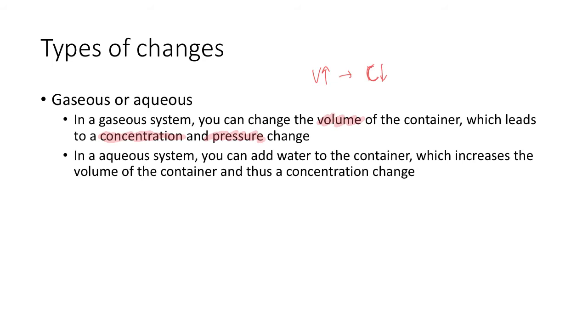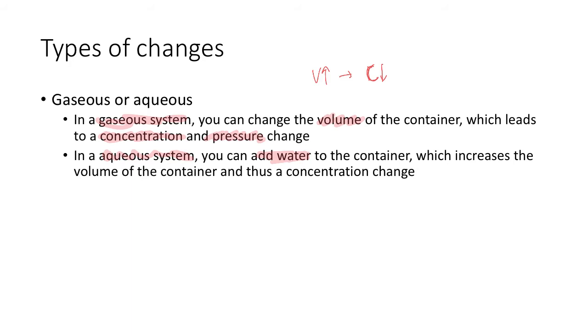However, in an aqueous system, you can pretty much only add. So in an aqueous system, you can only add water, which effectively means you can only increase the volume, not decrease the volume. Now, you can technically decrease the volume via evaporation, but it's too slow, and it doesn't really do the things that you want it to do. It's not as if you can remove solvent instantaneously, but you can add water instantaneously.